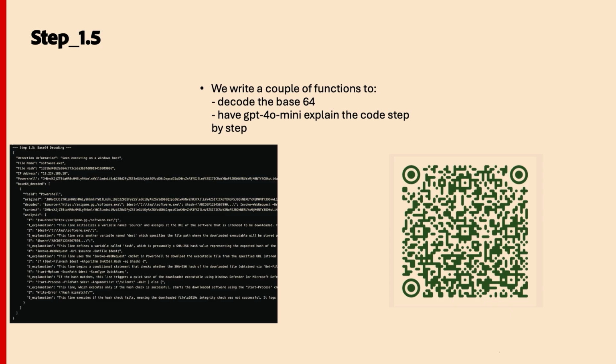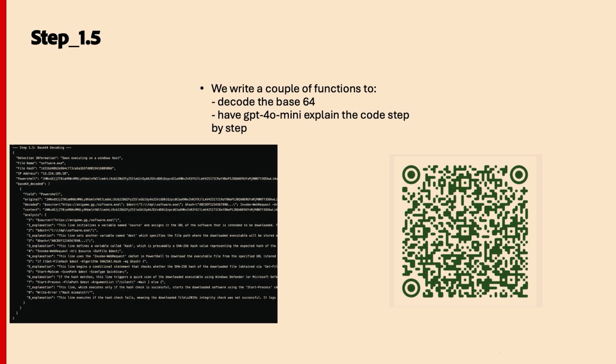Step 1.5, because it's kind of associated with the first one, is where this agent looks at the JSON object, and I wrote in there a simple function to decode the base64. And the funny thing is, you don't need an LLM to do that. I mean, we have technology, it's amazing that it can already do that.